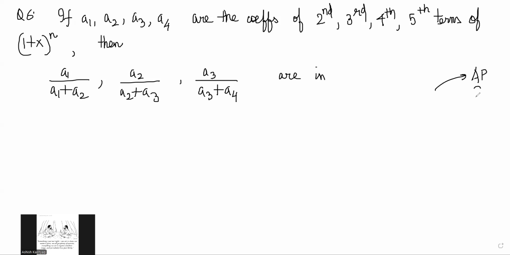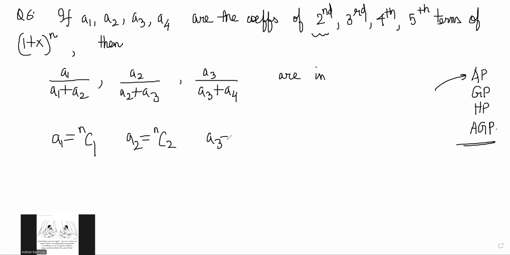The options are AP, GP, HP, and AGP. We have to figure out whether these are in a particular kind of sequence or not, right? So the terms are pretty obvious. A1 is the coefficient of the second term, so that is equal to NC1. A2 is the coefficient of the third term, so that is equal to NC2. A3 is NC3 and A4 is NC4. These are the fourth and fifth terms respectively.